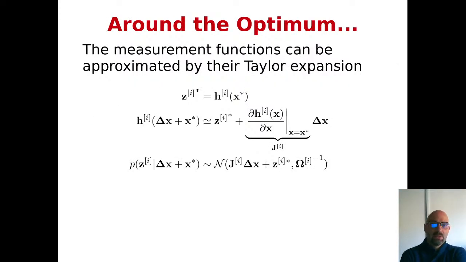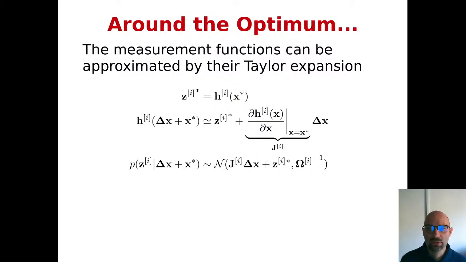So, let's reason on what happens around the optimum. The game is that I have my problem, I let my least squares machinery converge, I see that the chi-square goes down, and I have a solution. This solution is called X star.